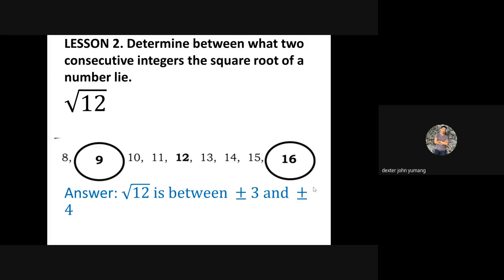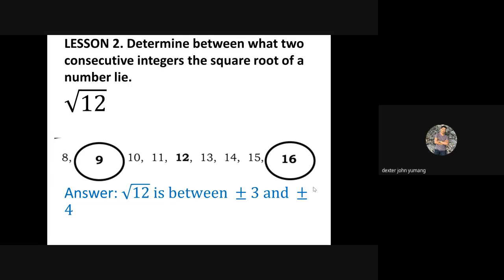That's square root of 36. Kaya ang sagot, 6. 49, 7 times 7 is 49. So 7 ang sagot. Ang 64? 8. 8 times 8 is 64. 9 times 9 is 81. Ganun po. Okay, next.